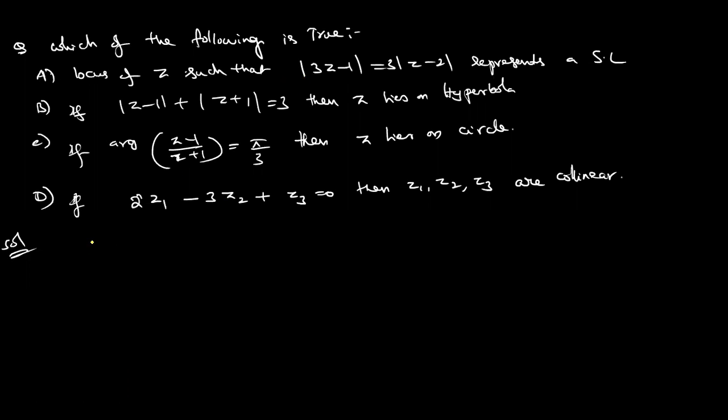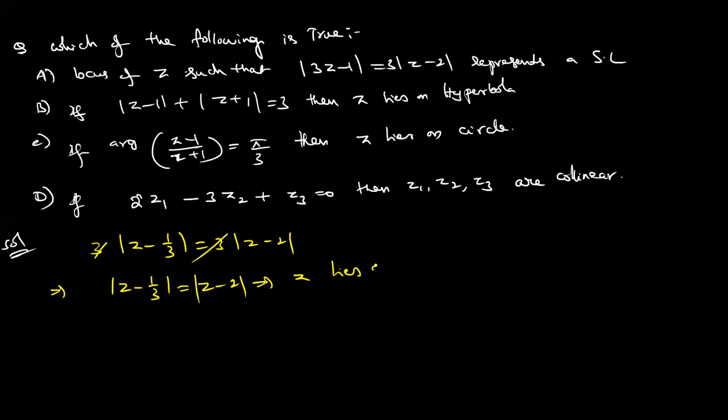Dear students, see, take 3 outside. Both are cancelled here. That means here, modulus of z minus 1 by 3 is equal to modulus of z minus 2, as we have discussed. What is the meaning? Clearly, z lies on the perpendicular bisector of the line segment.